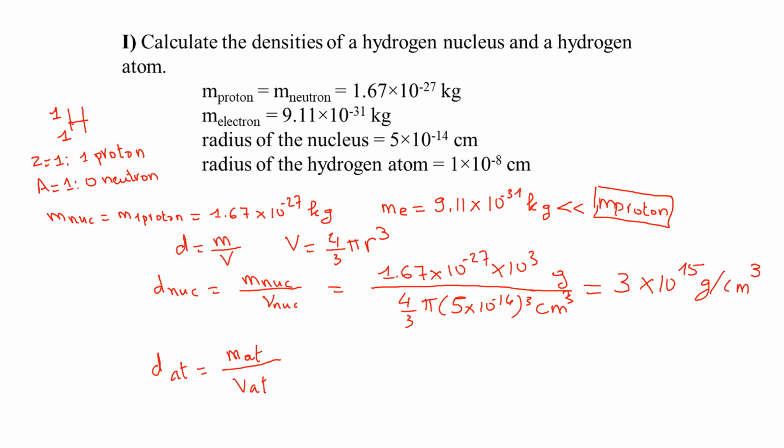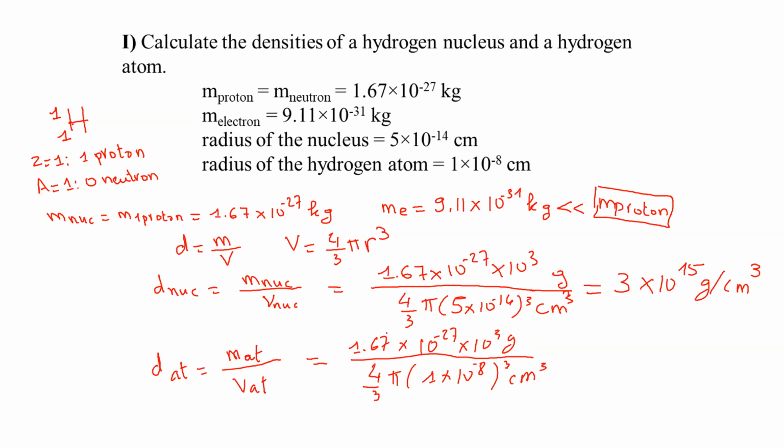And the hydrogen atom has no neutron. So the mass of the atom will be again equal to 1.67 times 10 to the power minus 27 times 10^3 to have it in gram, divided by the volume 4 over 3 pi. And the radius here is 1 times 10 to the power minus 8 cube centimeter cube.